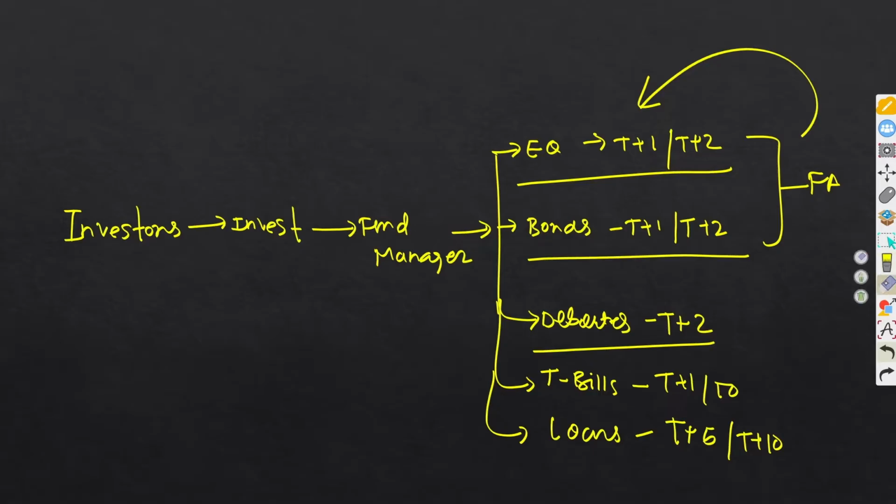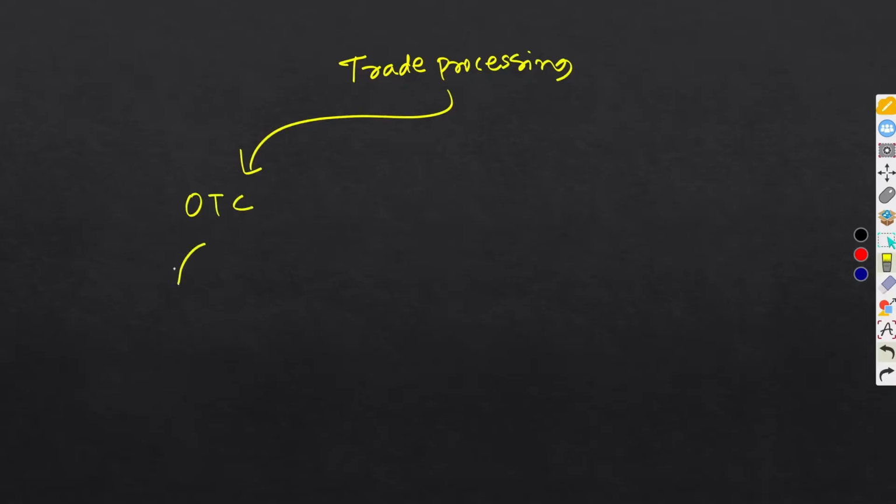Maybe sometimes you would see multiple teams that come under trade processing. Maybe your structure would be like this under trade processing. You would see, let's say, an OTC team who take care of swaps, forwards, and even bonds.